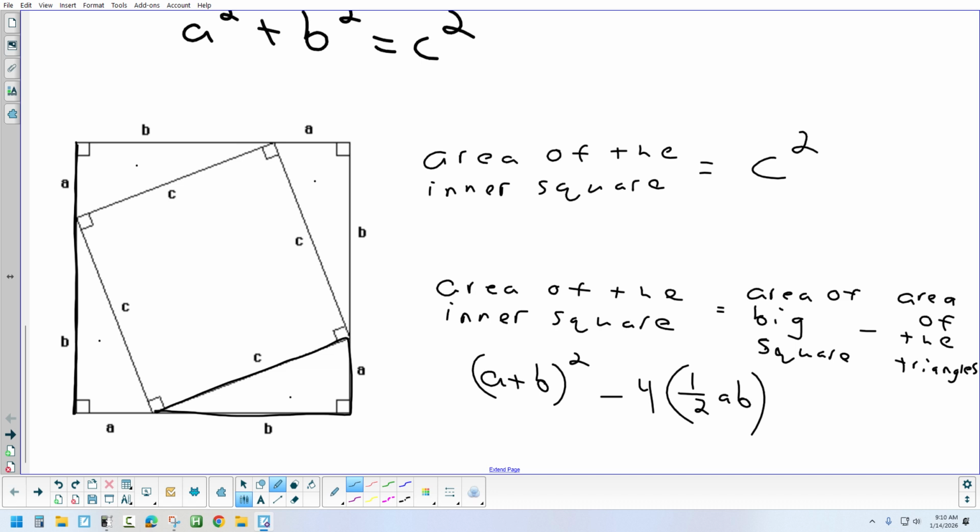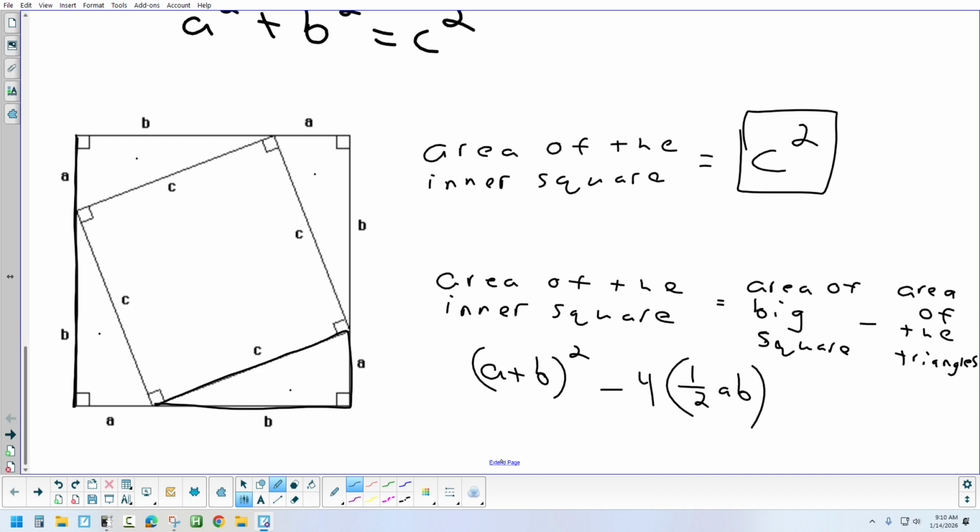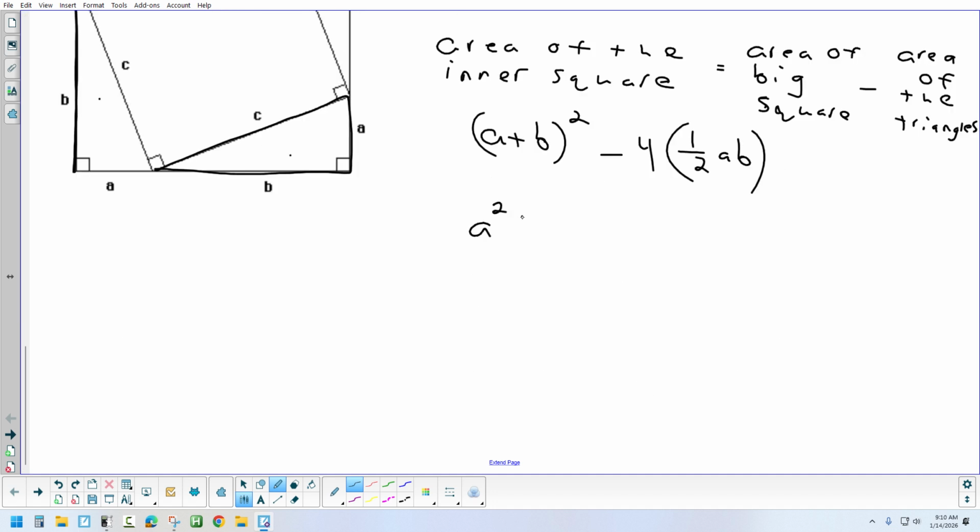So here's our first one. Let's figure out the second one. Okay, so when we square a plus b, we get a squared plus 2ab plus b squared. And what's the part that we're going to subtract, what does that simplify to?